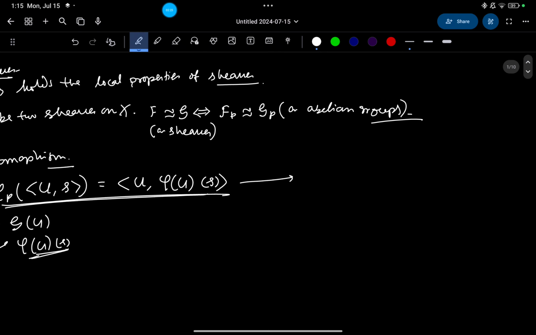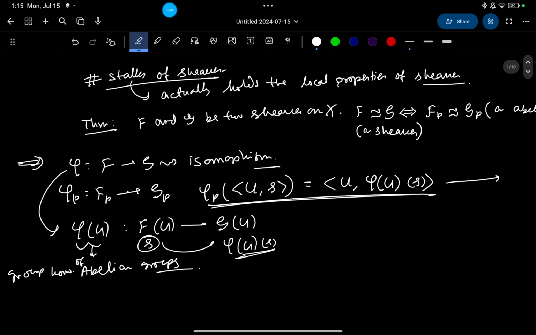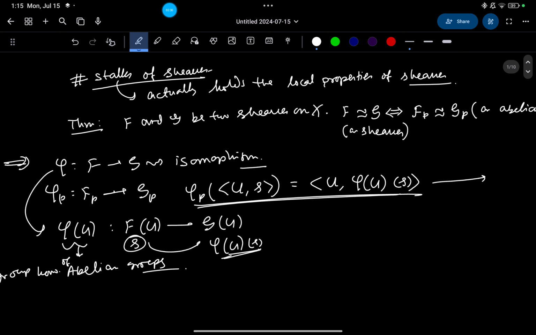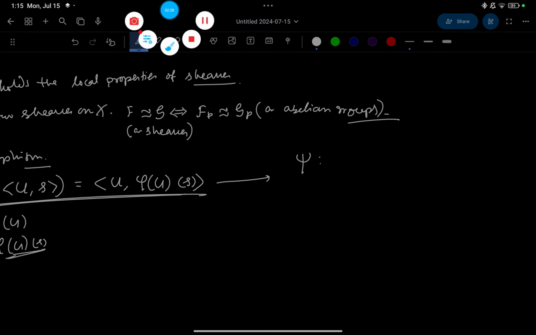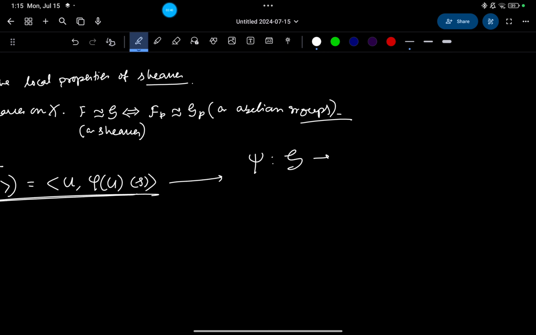Now to check what the inverse of this is: as phi from F to G is an isomorphism, there is a mapping psi from G to F such that psi composed phi is the identity over F and phi composed psi is the identity over G.